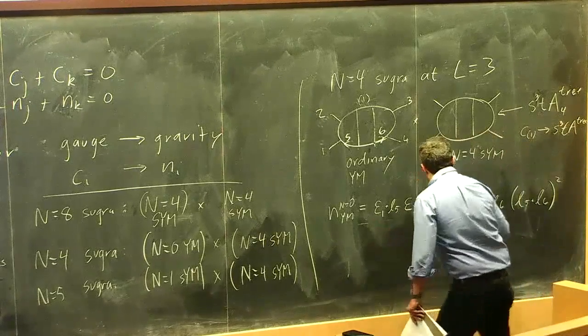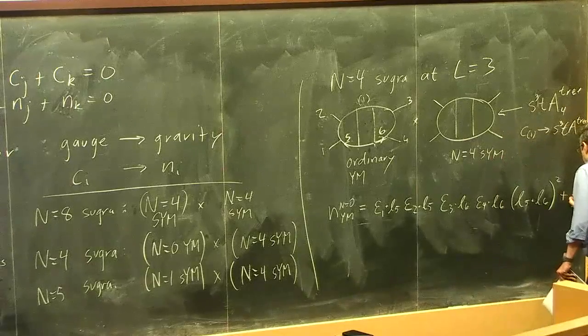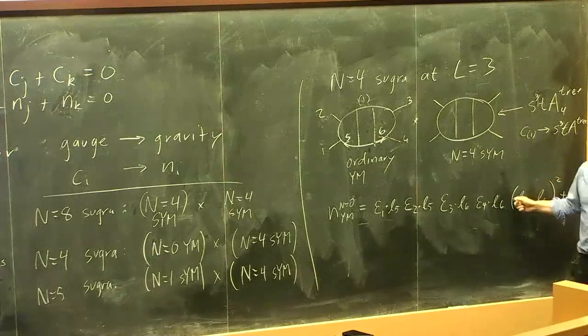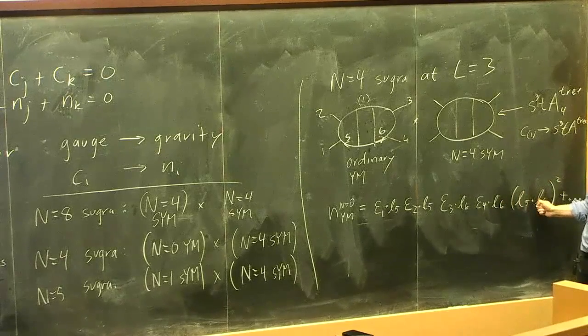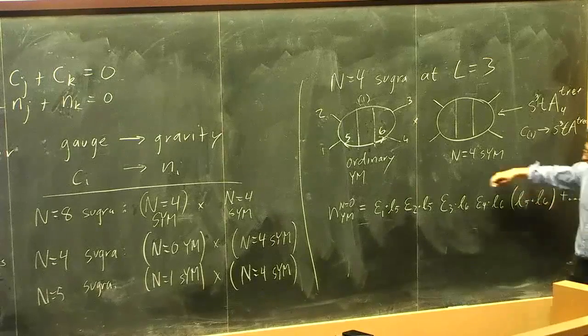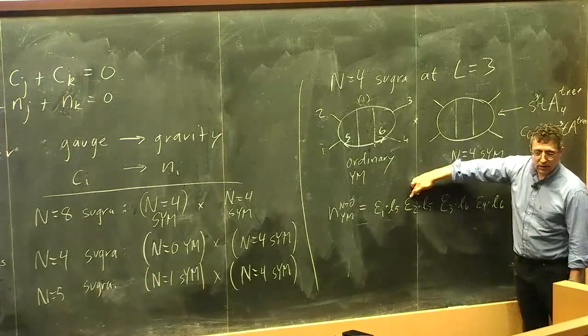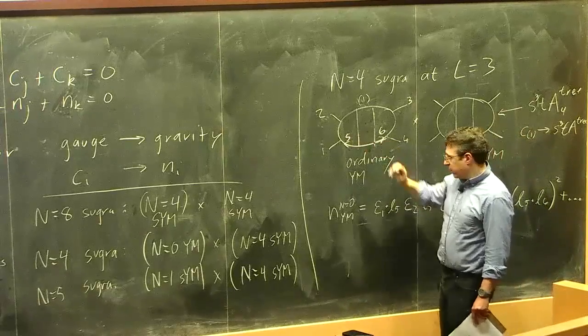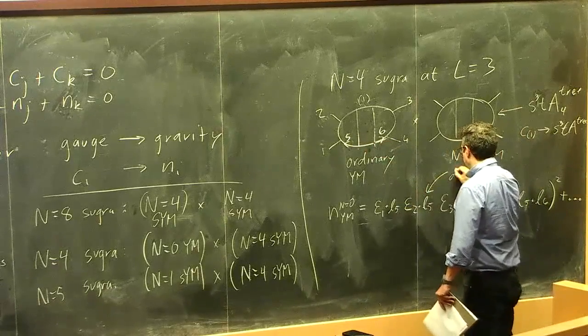So this one term has 8 powers of loop momentum, and there's many other terms. But one thing you'll notice about this term is it does not have an inverse propagator. This is what's called an irreducible numerator. And then these momenta are dotted into the external polarizations. So you can't cancel any propagators. So this does not mix with other diagrams.